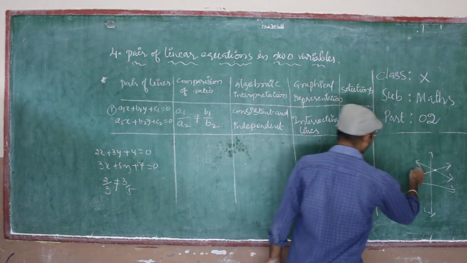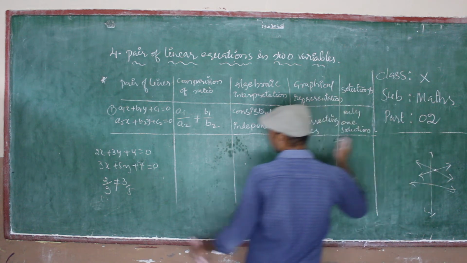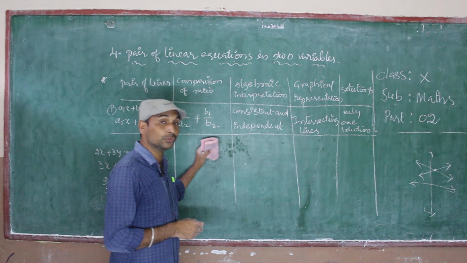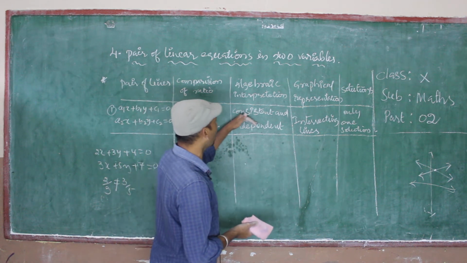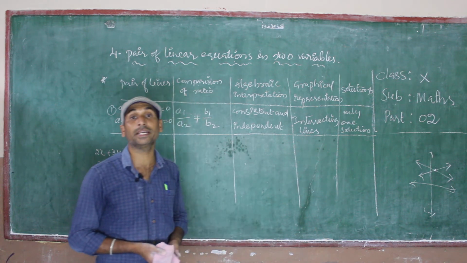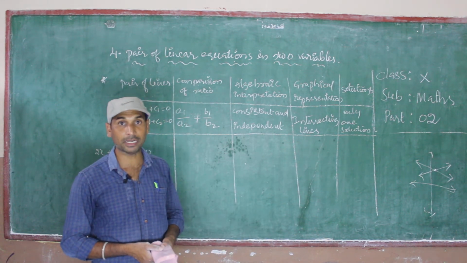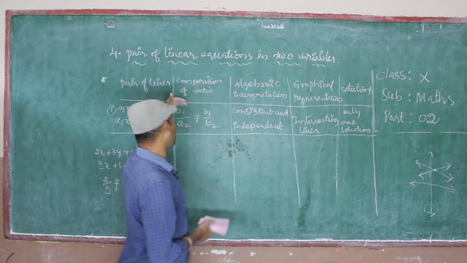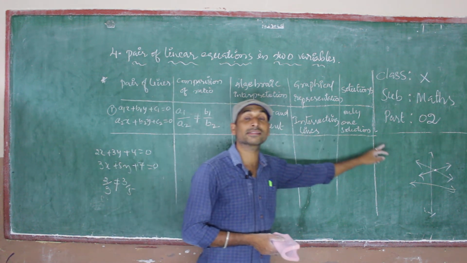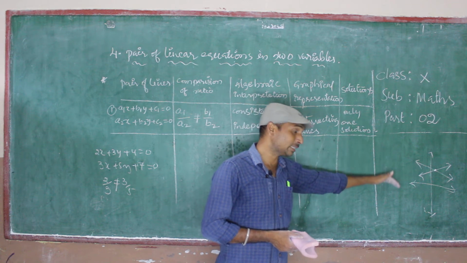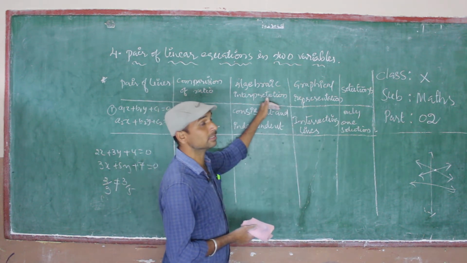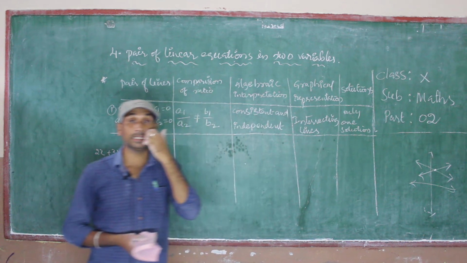So when the lines are intersecting and a1 by a2 is not equal to b1 by b2, then the lines are called consistent and independent lines. Remember, when the condition a1 by a2 not equal to b1 by b2 holds, the lines are intersecting lines, and they can be called consistent lines or independent lines.